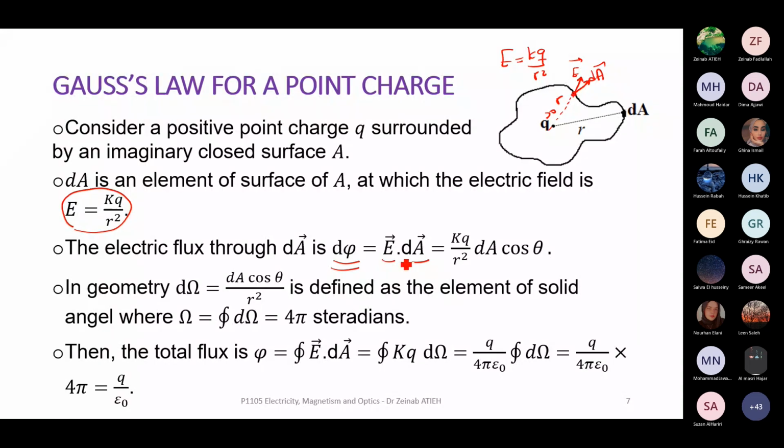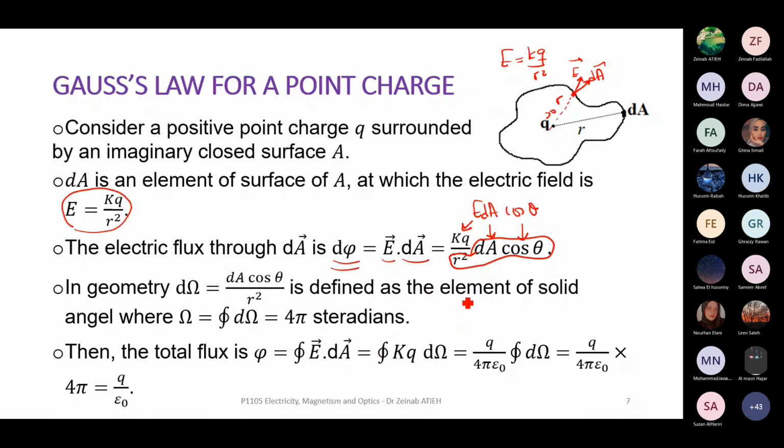Substitute everything. It's E dA cosine theta. E is substituted with KQ over R squared. dA remains the same and cosine theta remains the same. Now this term here, dA cosine theta over R squared, is defined in geometry as a solid angle.